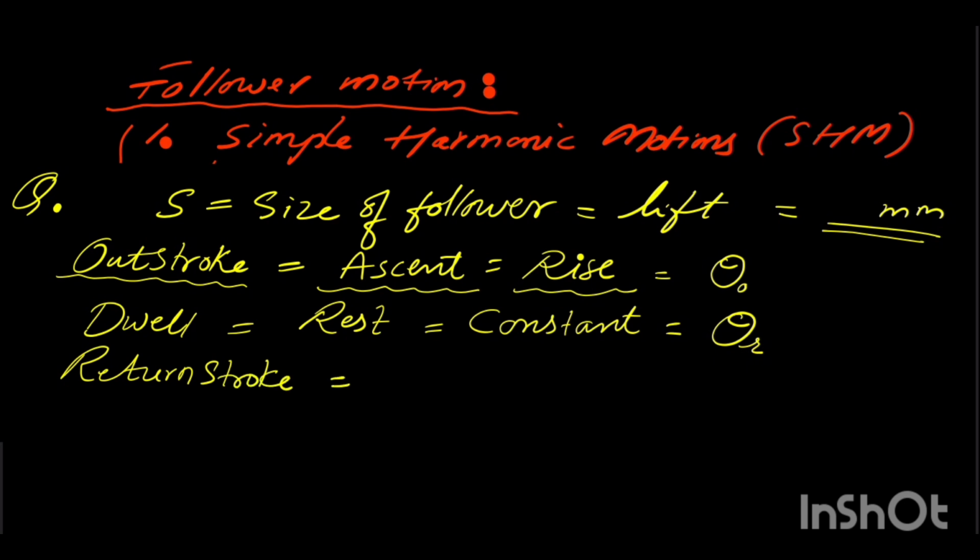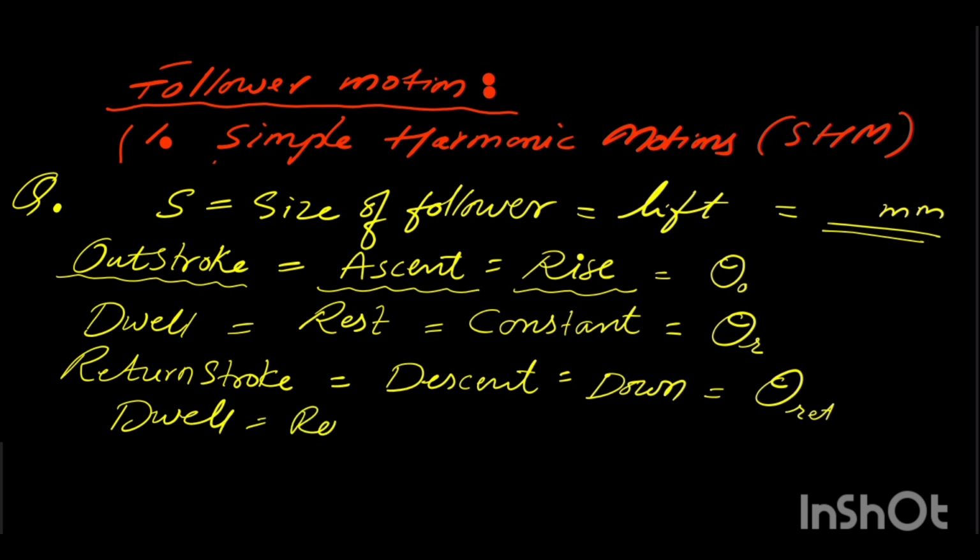The opposite word of rise is return stroke, so you can say descent or simply return. Then again there is a dwell or rest. So it contains four stages: outstroke, dwell, return, and again dwell.